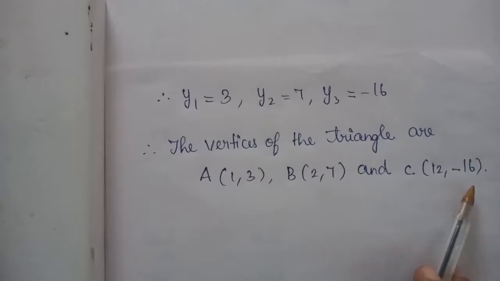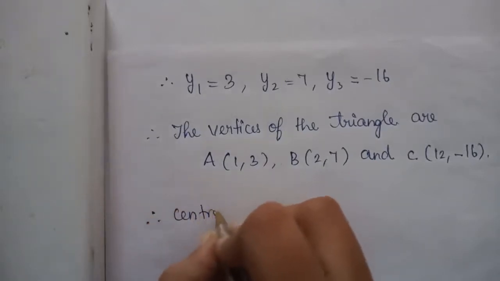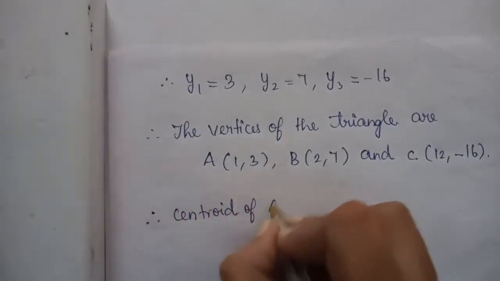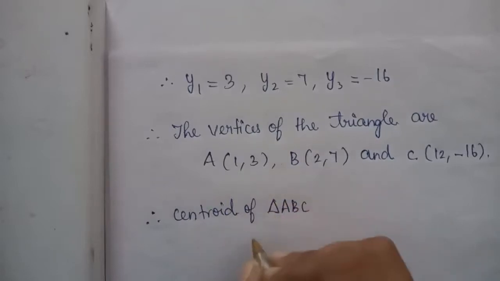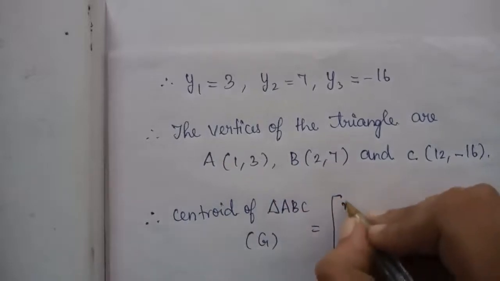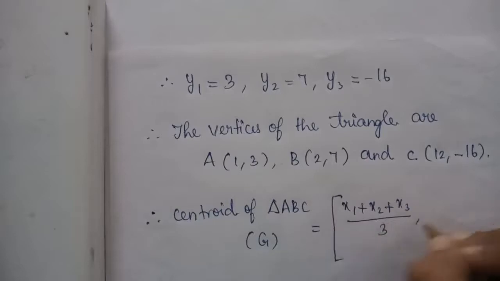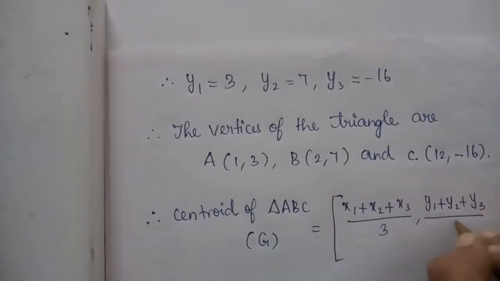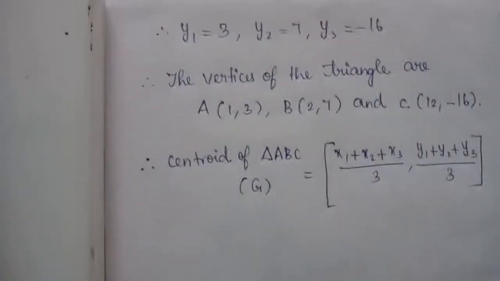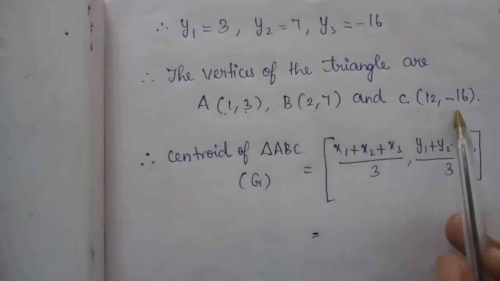But they told to find the centroid of the triangle ABC. Therefore, we know the formula, centroid of a triangle ABC, that is nothing but G is equal to x1 plus x2 plus x3 divided by 3, comma y1 plus y2 plus y3 divided by 3. These are the x1 y1, x2 y2 and x3 y3 values.